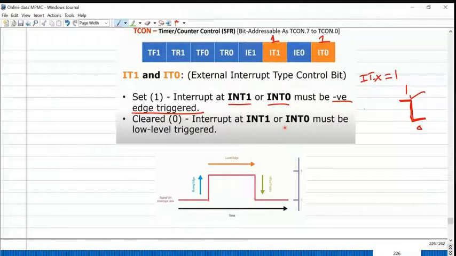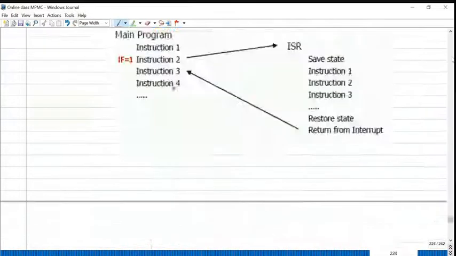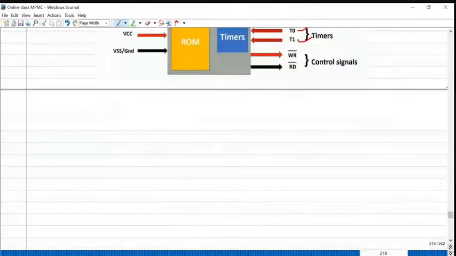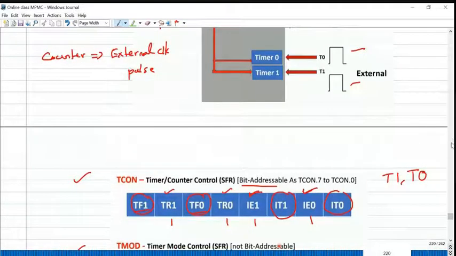Suppose we set the ITx bit to 0. Now the controller recognizes the interrupt during low level trigger. It must be logic 0 for a while. Why logic 0? It is an active low signal. If you look at the pin diagram of the microcontroller, you will see it is an active low signal.